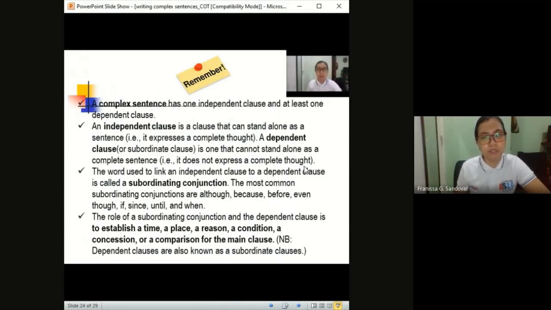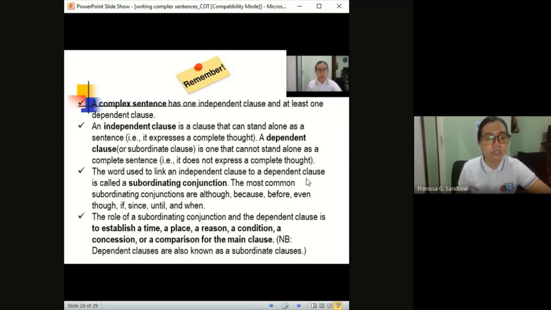Let's remember, a complex sentence has one independent clause and at least one dependent clause. An independent clause is a clause that can stand alone as a sentence. A dependent clause is one that cannot stand alone as a complete sentence. The word used to link an independent clause to a dependent clause is called a subordinating conjunction.